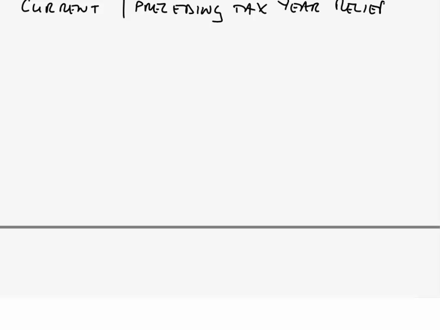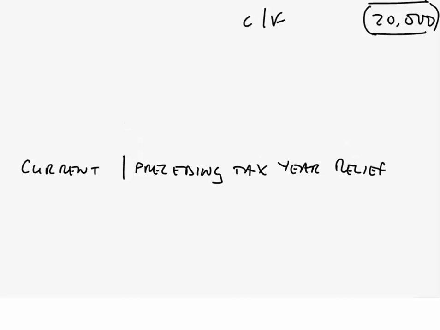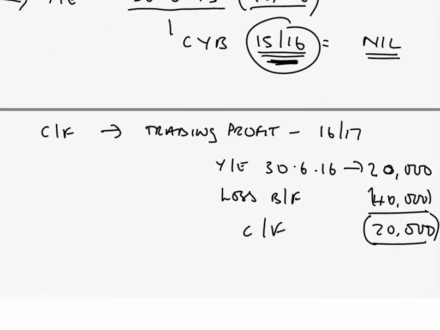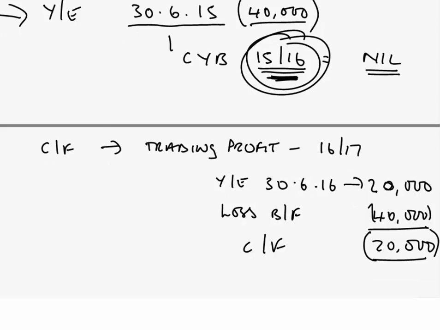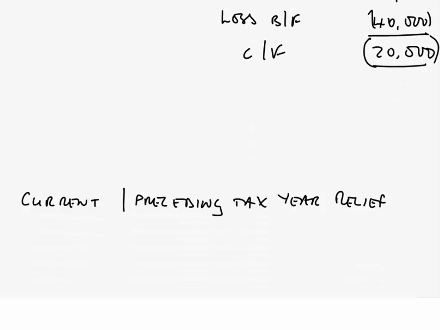Now, if you merely have to advise on what the possible uses are, having seen, as we've just shown up here, that the loss was of the year ended the 30th of June 15, you've got an easy narrative statement to earn your marks. The statement would say that the earliest relief available would be to set off against the total income, we'll write that in a moment, of the current tax year, 15/16, and or the preceding tax year, which must be 14/15.